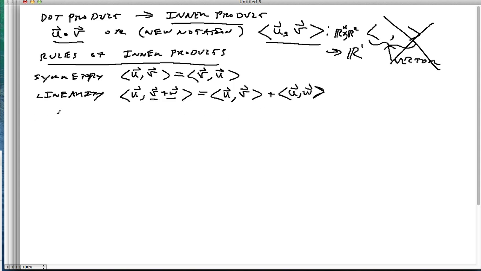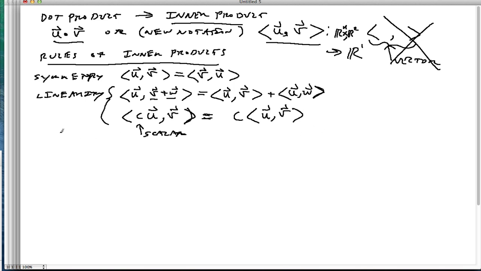And there's the other property of linearity: if I have a scalar, a real value, or it could be complex, it can move through the inner product as well.